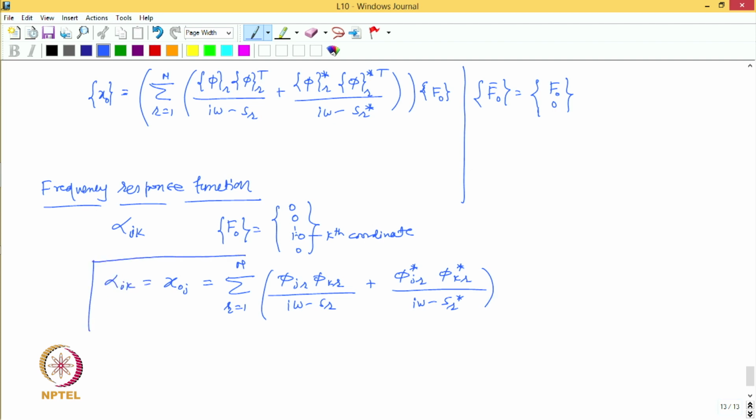So, this is the expression for the frequency response function alpha j k. Okay.